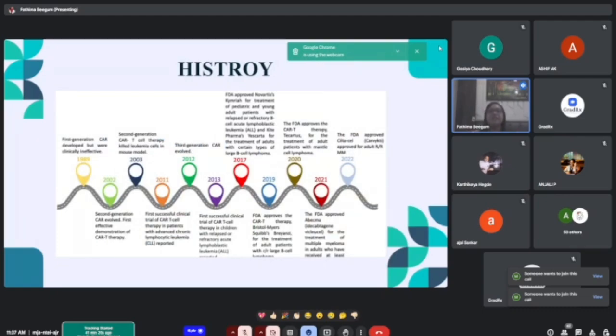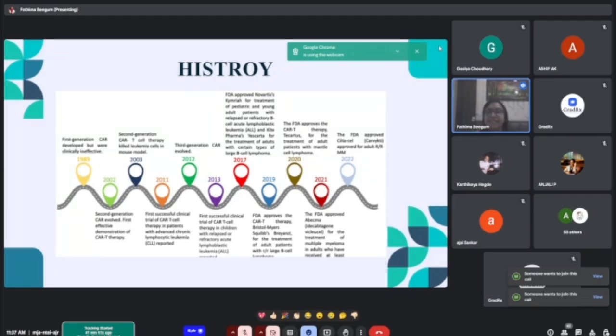The history of CAR is also very interesting. It starts in 1989 when the first generation CARs were introduced. Then the second generation in 2002, and the second generation for leukemia in a mouse model in 2003. The first successful clinical trial of CAR T therapy was in 2011. 2012 is the third generation.